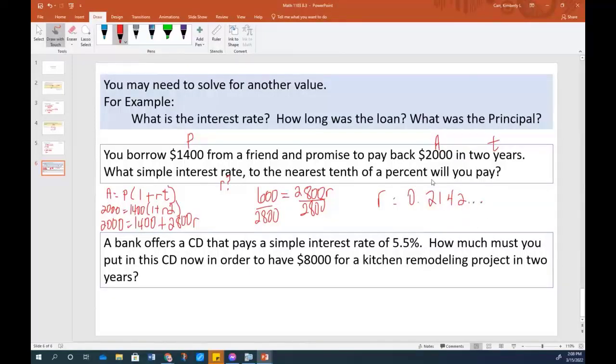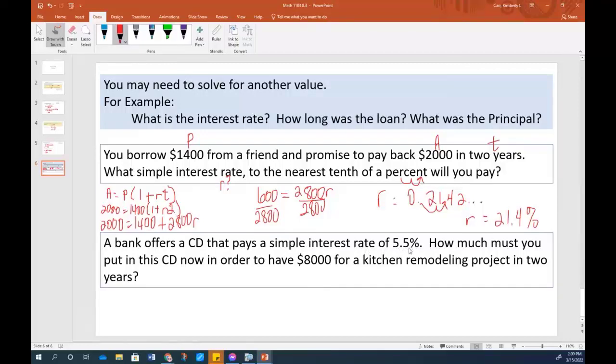But when we're going to give it as a percent, in this case, I need to move the decimal 2 places to the right and then round it off to the nearest 10th. So that's going to be that R is 21.4%.